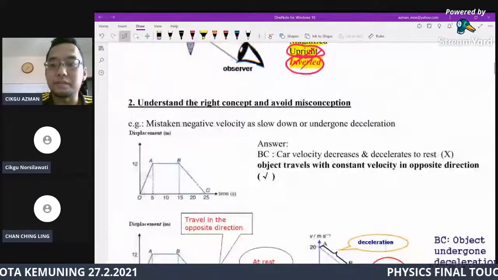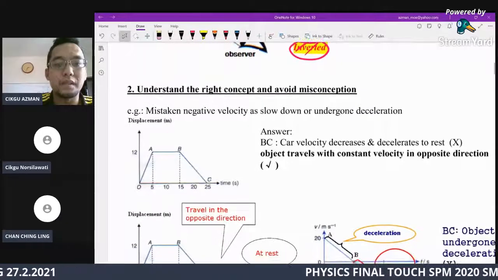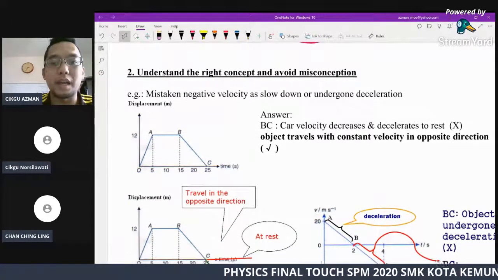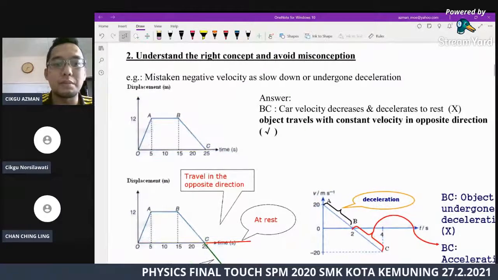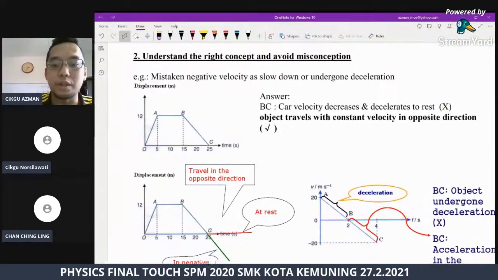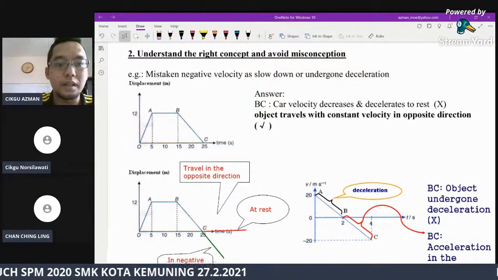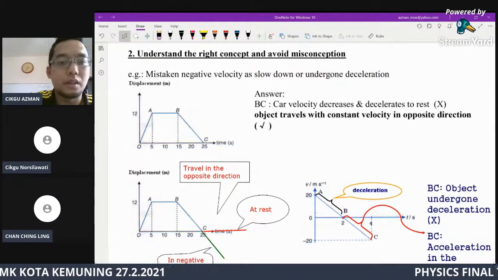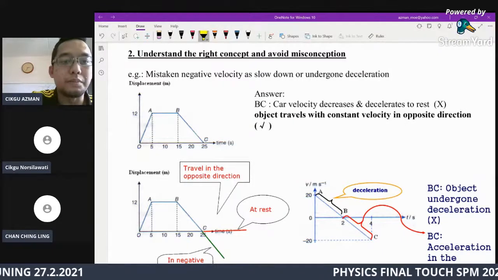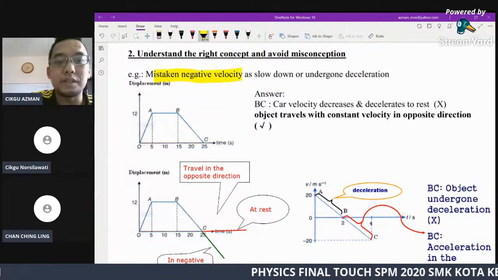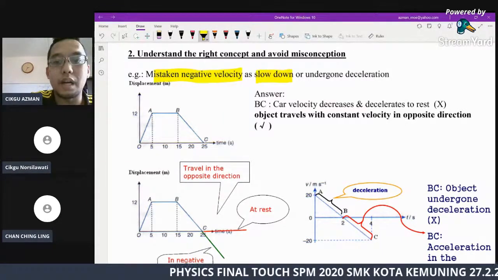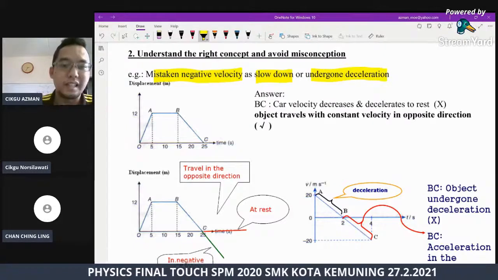So please be careful. Okay, second point. Understand the right concept and avoid misconception. Okay, ini pun ada keluar dalam trial hari tu. Graph. So for example, mistaken negative velocity as slow down or undergo deceleration.